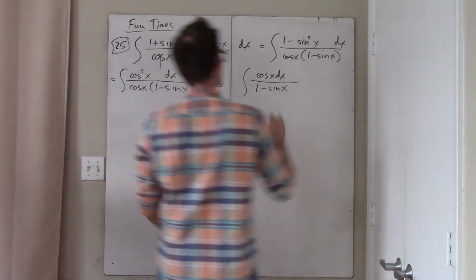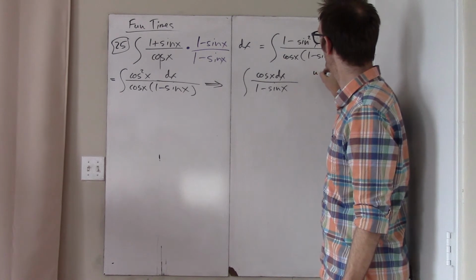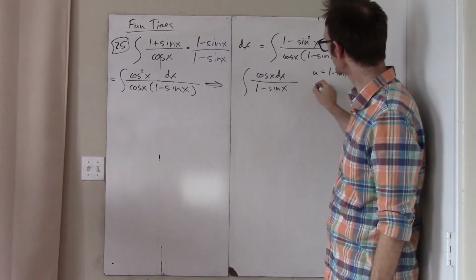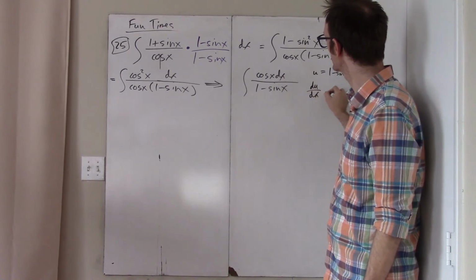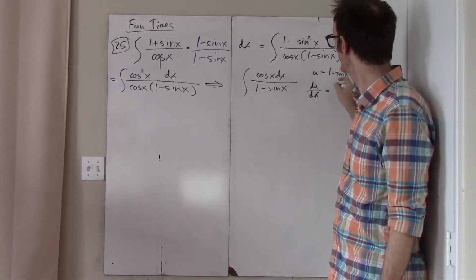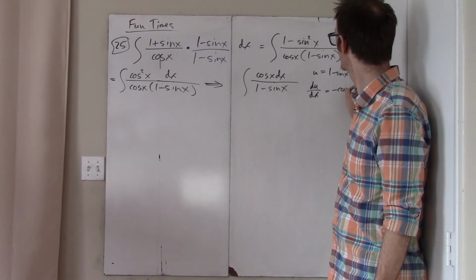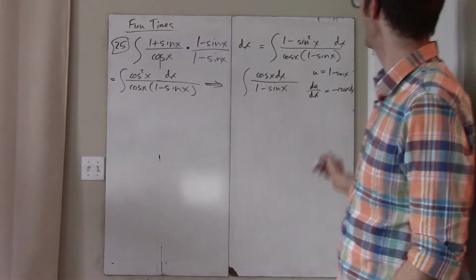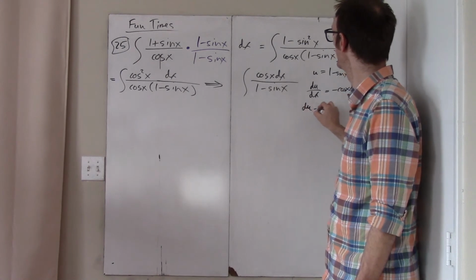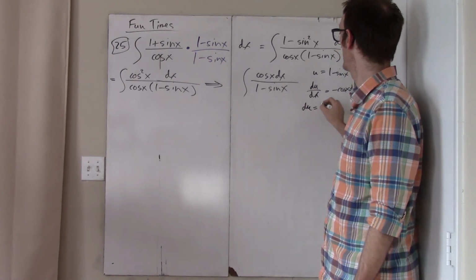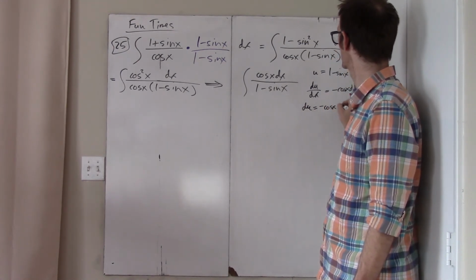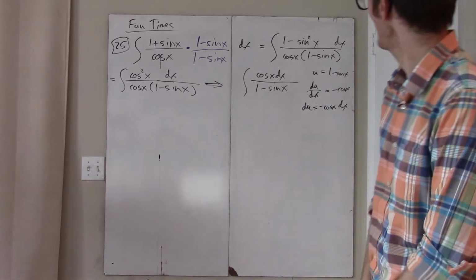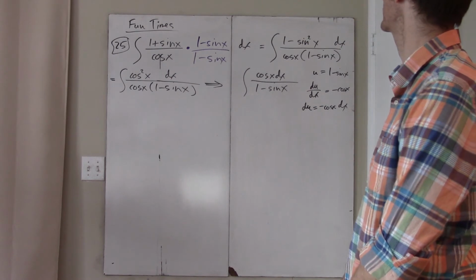Because now, if I let u be 1 minus sine x, then du dx is, well, the derivative of sine is cosine, so that becomes negative cosine x. That means that du is negative cosine x dx.